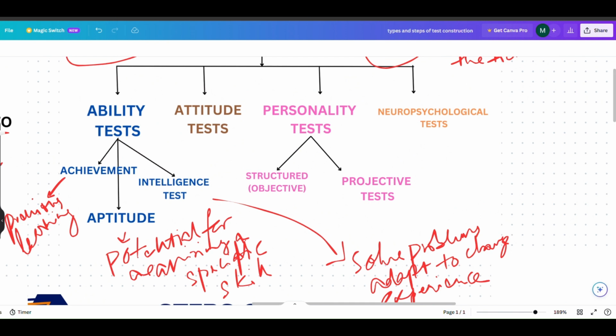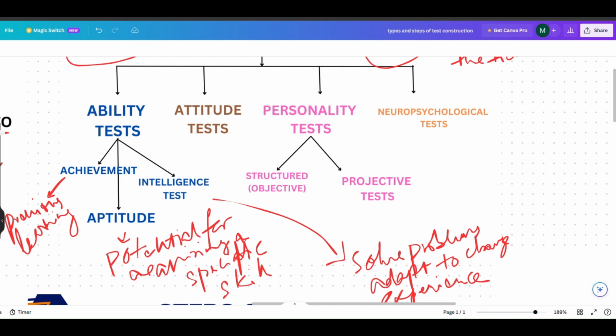Personality tests can be either structured, where there are yes or no, or there is a rating scale, or there is true and false. Like we just saw the NEO-FFI, that is a structured objective scale test. Projective tests are where an ambiguous test stimuli is given and then the responses are taken based on that stimuli.